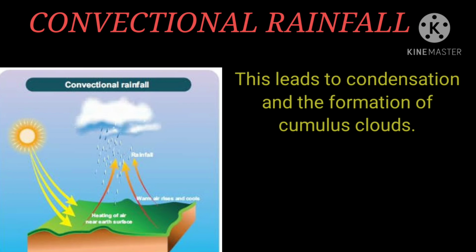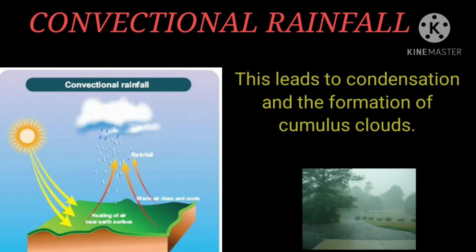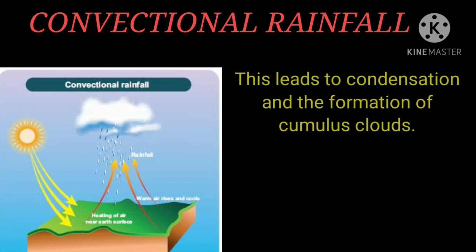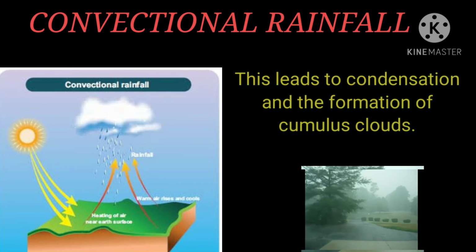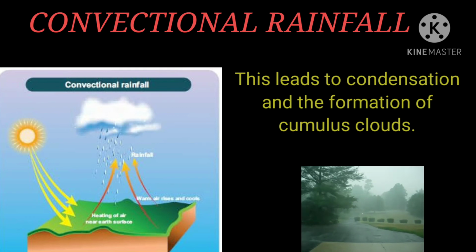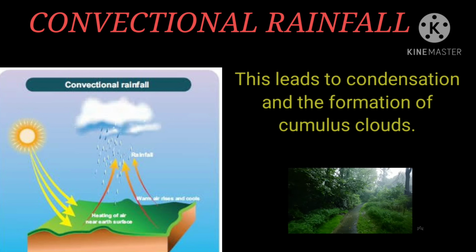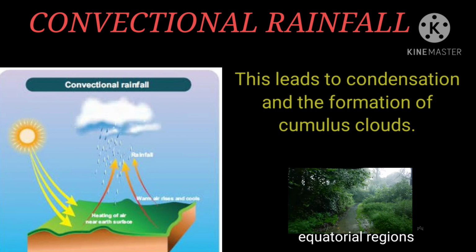And children, these clouds produce sudden and heavy rainfall accompanied by thunder and lightning. This is called convectional rainfall, and this type of rainfall is mostly experienced every day in the equatorial region.